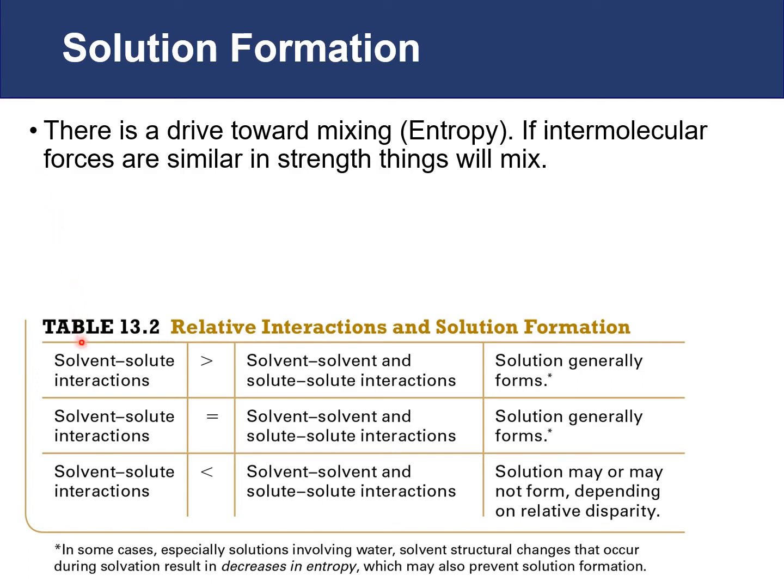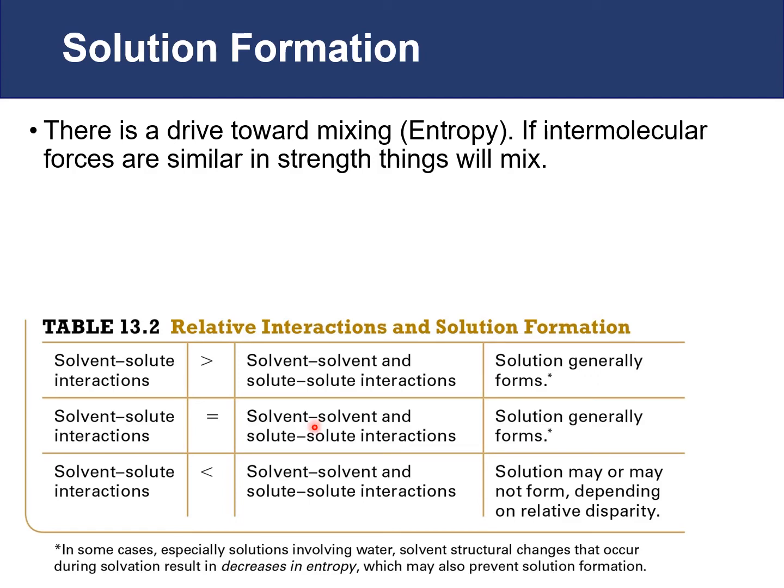If the interaction between the solvent and the solute is stronger than the interaction between the solvent and itself, and the intermolecular interactions between the solute and itself, then a solution will generally form. If we have a case where the solvent-solute interaction is approximately equal to the interaction between the solvent and itself and the solute and itself, then again a solution will generally form.